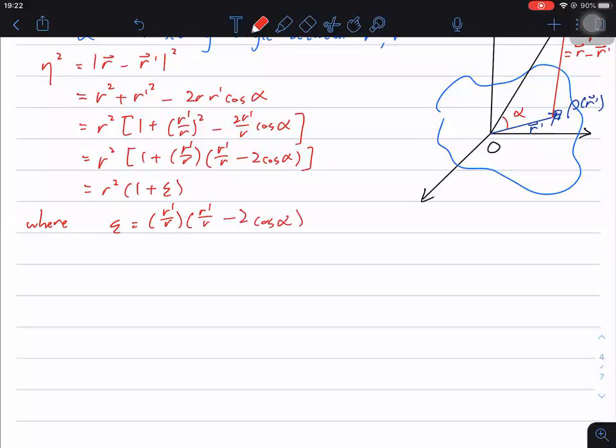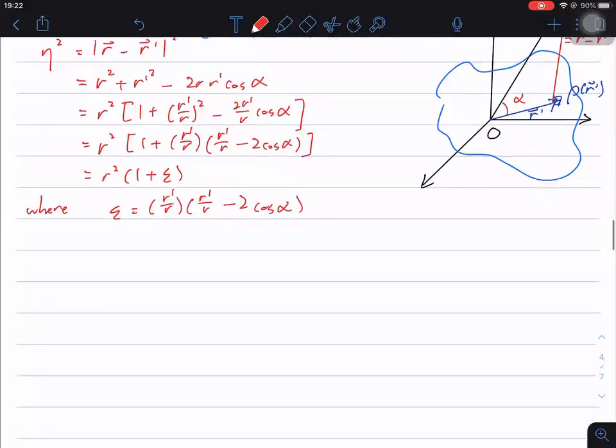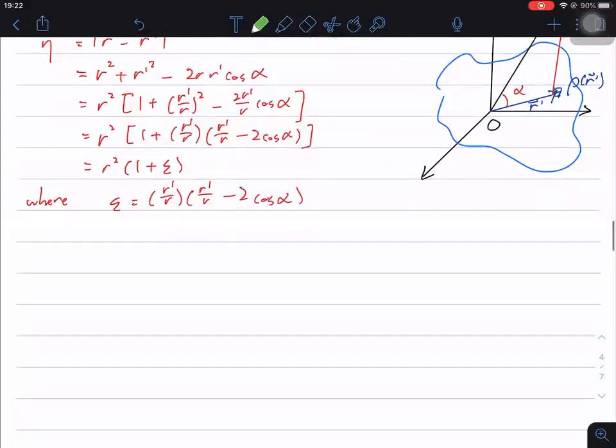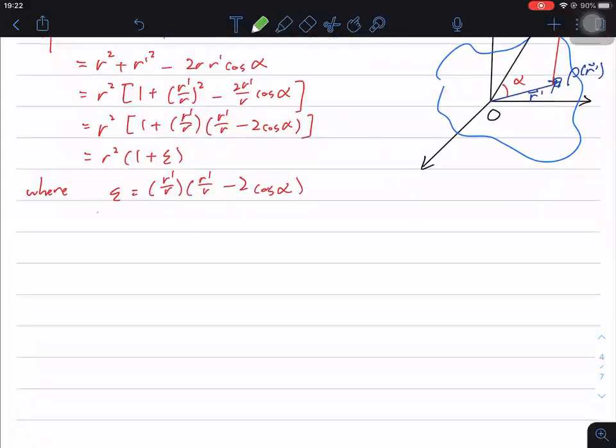But in doing the multipole expansion, we assume the observer is much farther away than r prime, which is the length scale of the charge distribution. So in this approximation, epsilon is much smaller than 1.